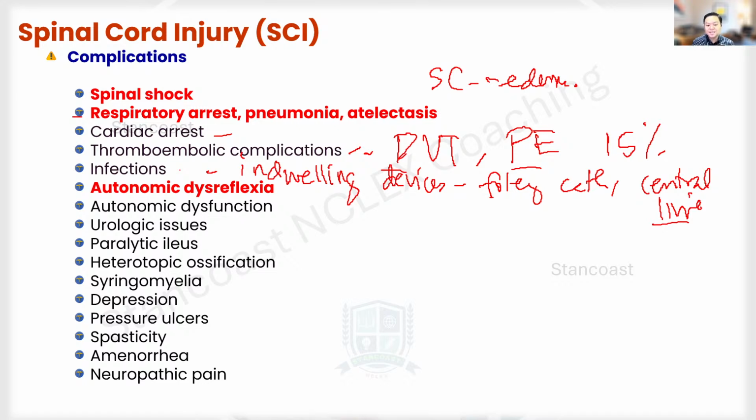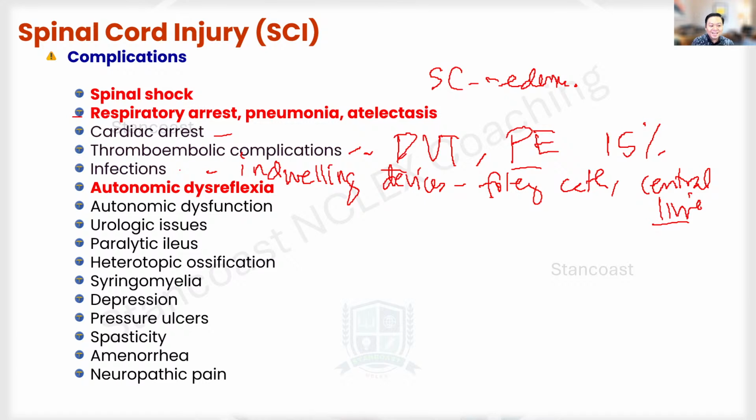All right. Now let's talk about autonomic dysfunction. What constitutes the autonomic dysfunction or dysreflexia? Well, this one right here, dysreflexia. This is another common topic that the NCLEX will ask about. The person here is going to be affected because of a lesion above the T6, which is characterized by an exaggerated autonomic response.